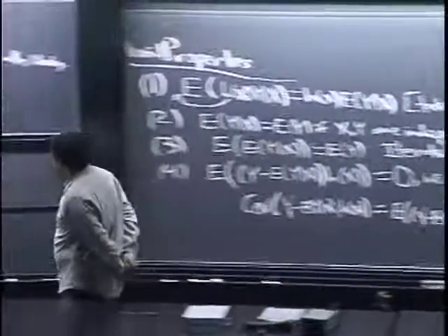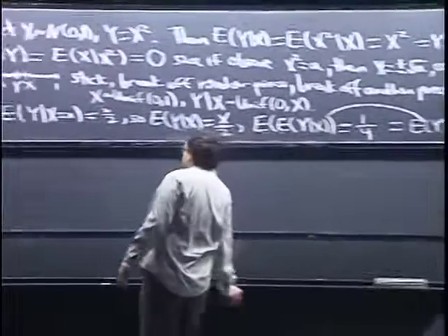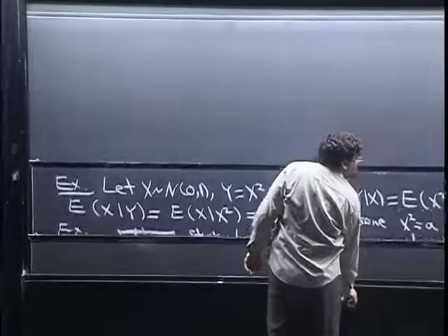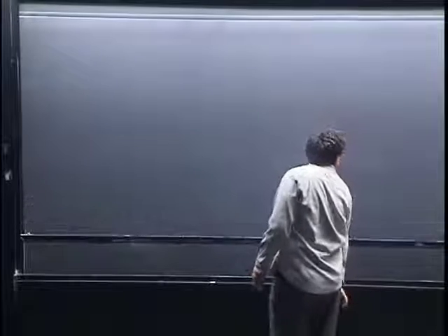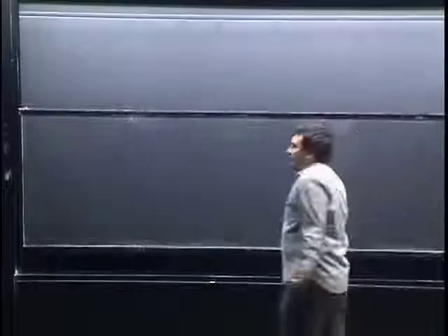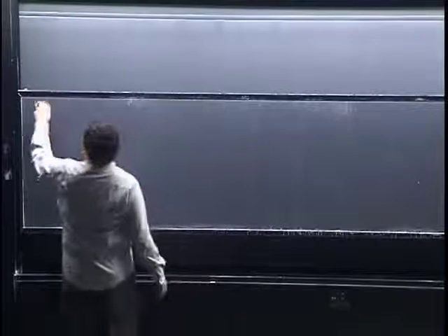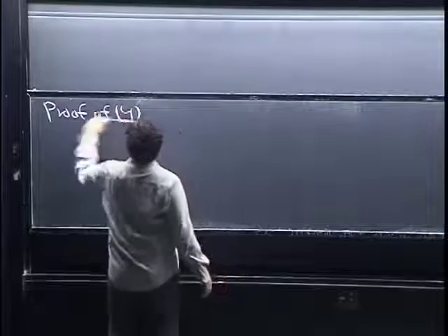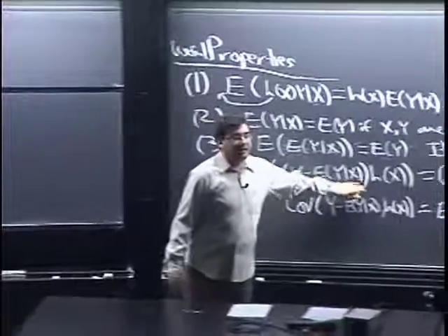So let's just calculate. Proof of 4. I just want to calculate it and see if we get 0. Hopefully we will. Okay, proof of 4. So let's just take this thing and use linearity.